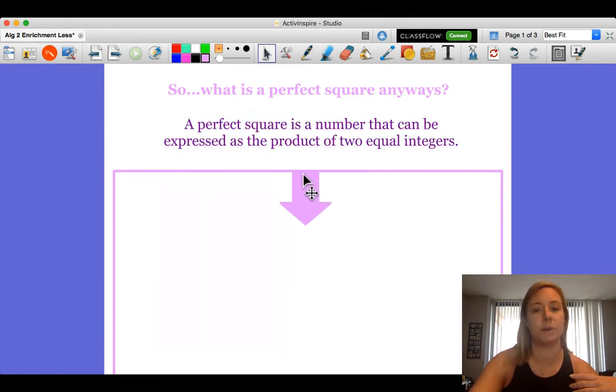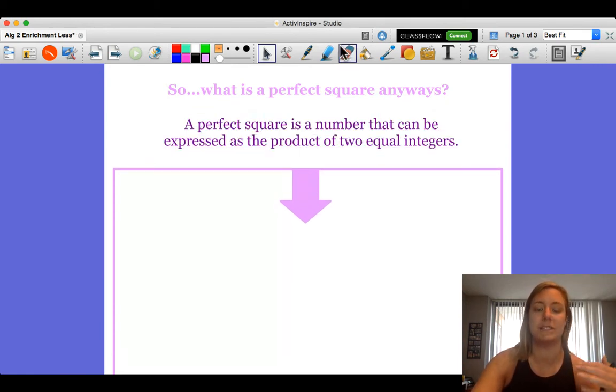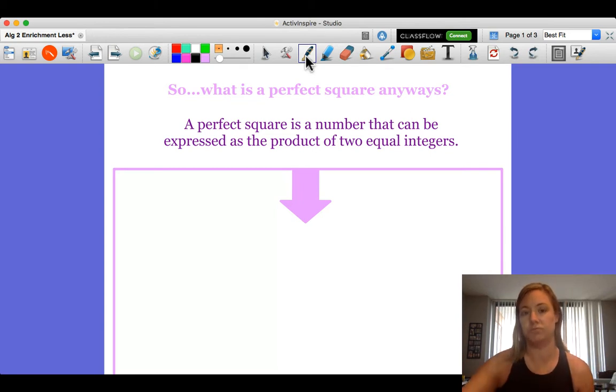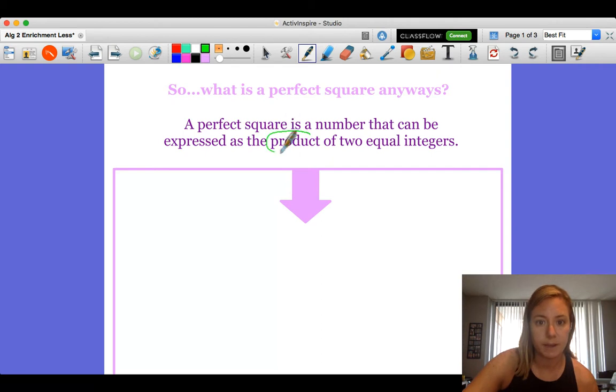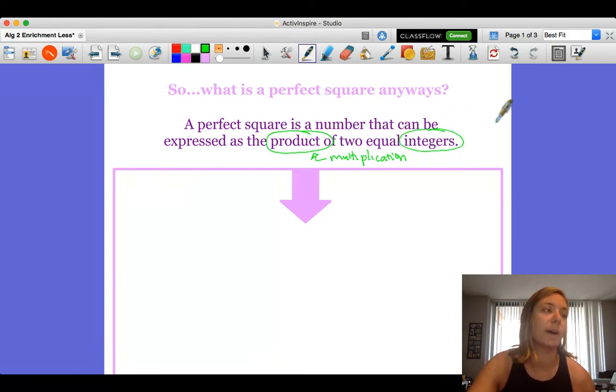So a perfect square is a number that can be expressed as the product of two equal integers. So what does this mean? What's product? Multiplication. So it's the product of two equal integers, and integers like 1, 2, 3, 4, 5, 6, 7, 8.